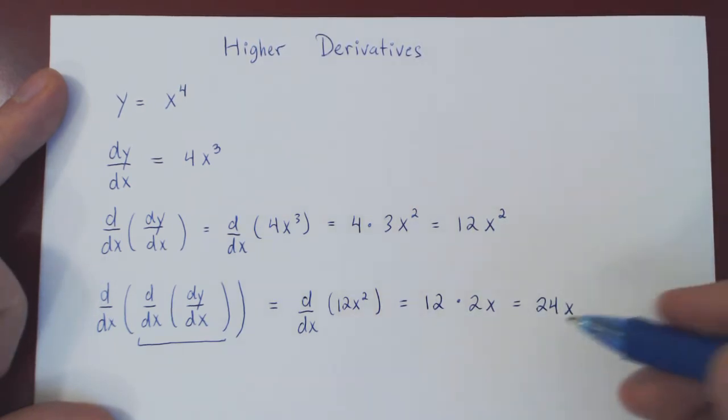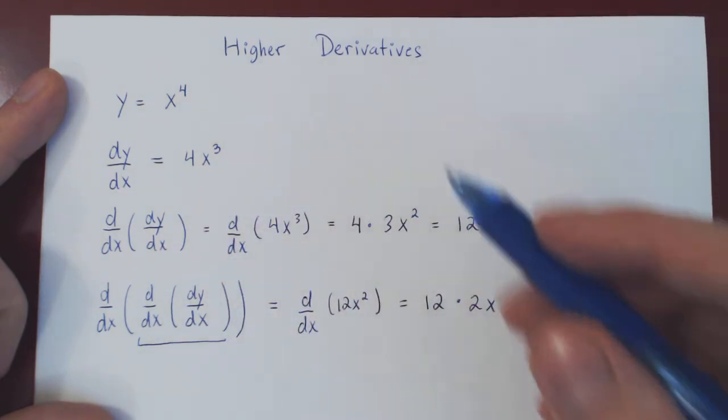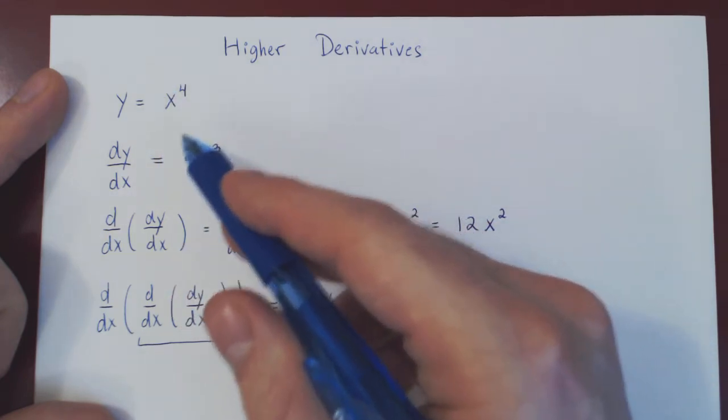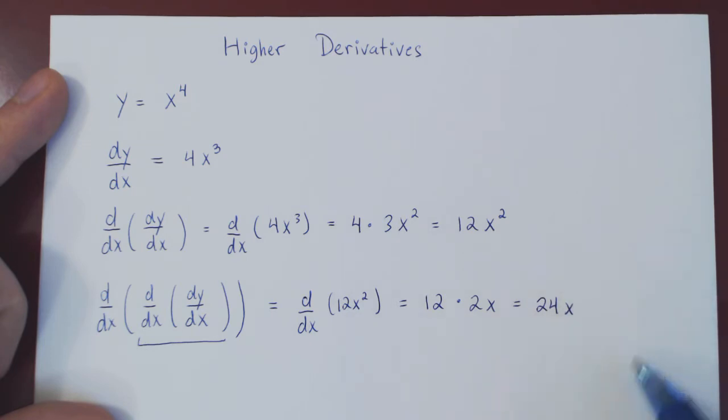So we could differentiate again and again and again. And it's the idea of higher derivative. Every time you differentiate, if the derivative is a function of x, you can differentiate again and again and again, as long as the function you obtain is differentiable.